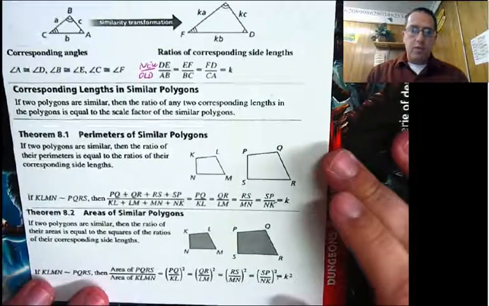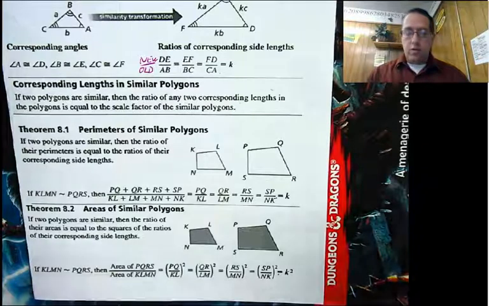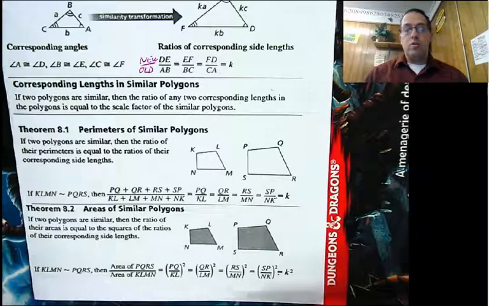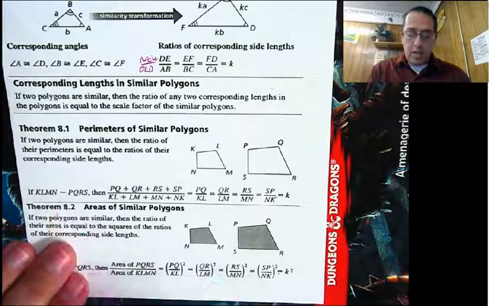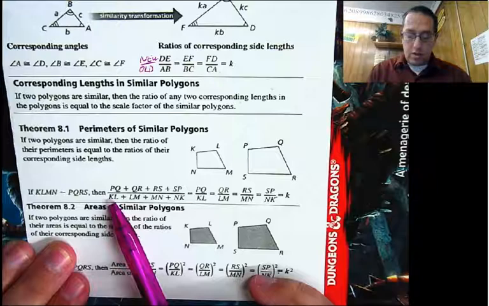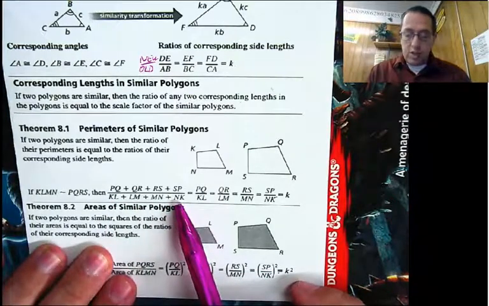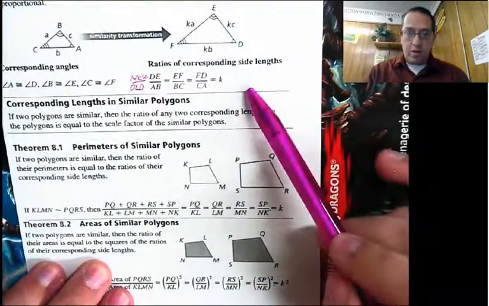All right. Next, we're going to look at perimeter. We have a theorem for this, perimeter of similar polygons. So if you got two similar polygons, the ratio between the perimeters is going to equal the ratio between the corresponding sides. So if KLMN is similar to PQRS, then the perimeter, add up all the sides over the original perimeter, is going to equal the ratio between the sides, which is that scale factor that we had up here.